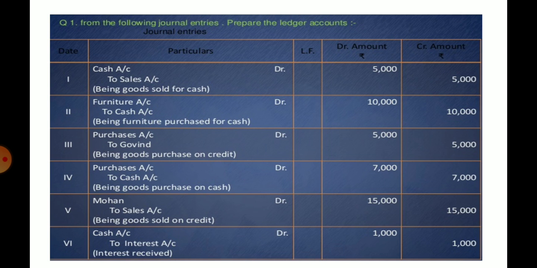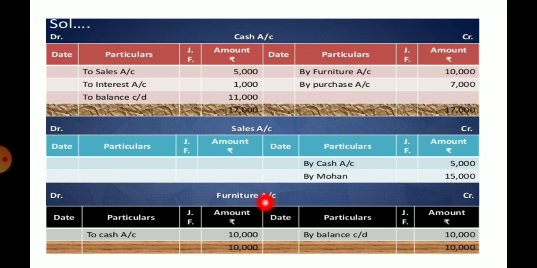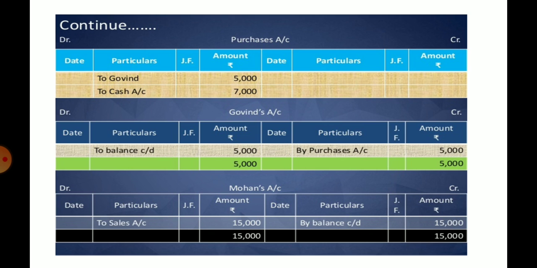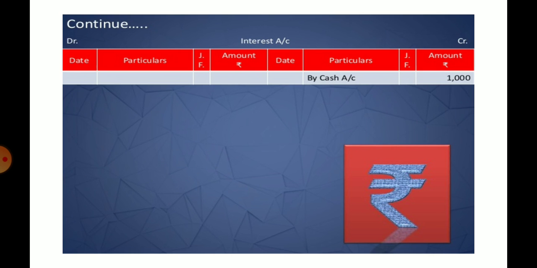Furniture is more important, so we see the furniture account. The furniture account is on the debit side, so its related account should be posted on the debit side. So this is the posting of the ledger. This is quite easy. You can prepare all the accounts on the basis of this, and easily post all the accounts from journal to ledger.